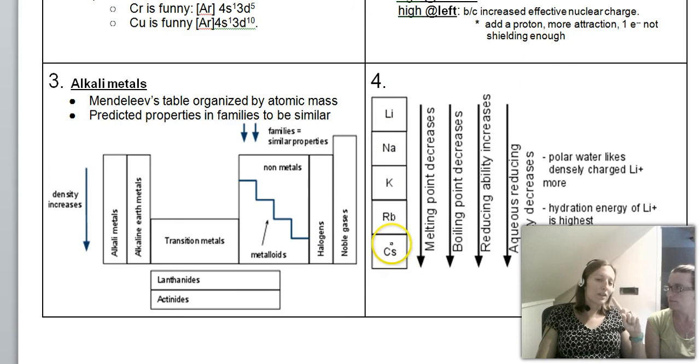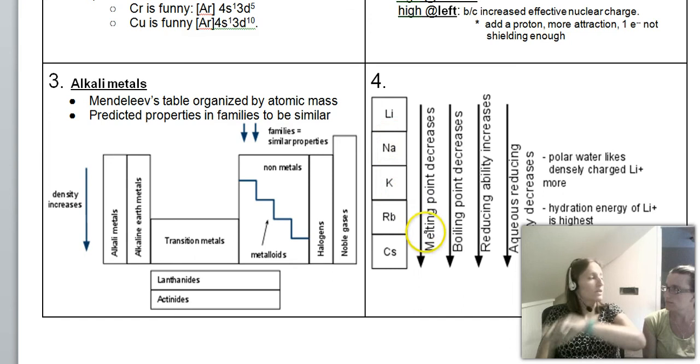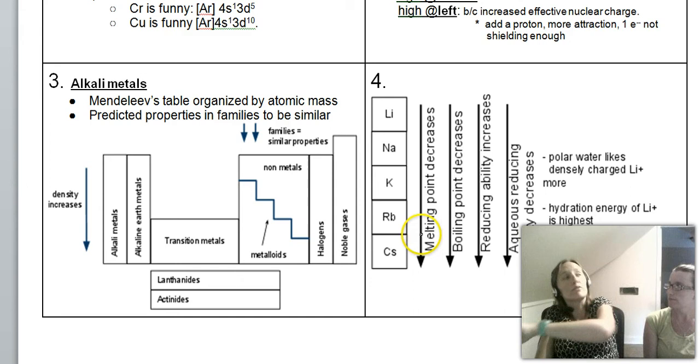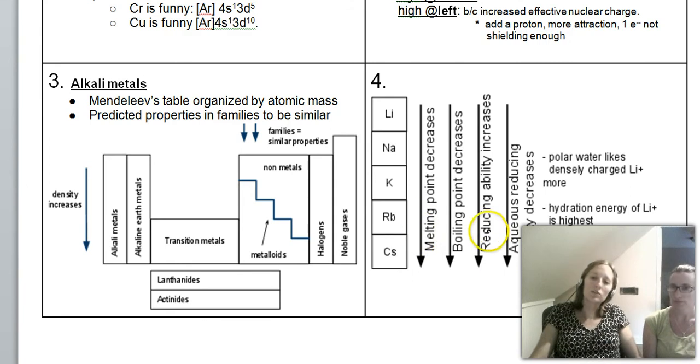You can also think of it the other way: they like to be oxidized, but that means that they like to reduce other people, which means that they like to give other people their negative charges. And so that's what they're talking about here. Reducing ability increases.